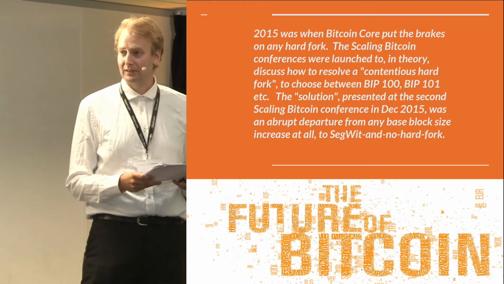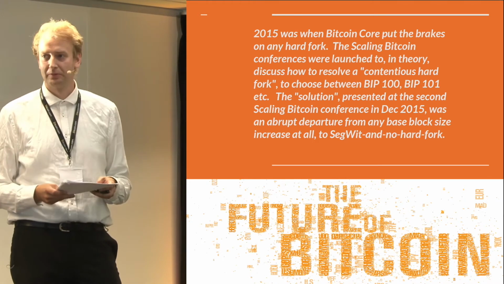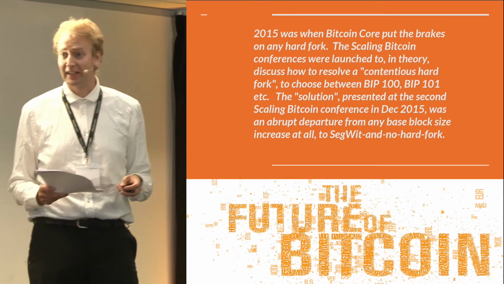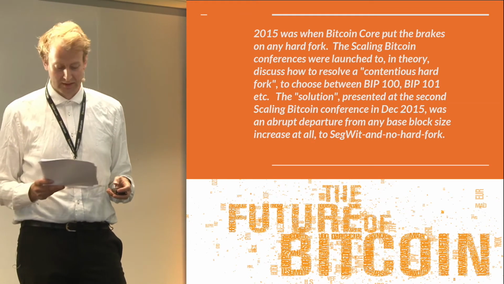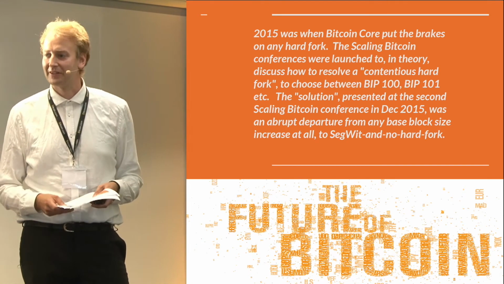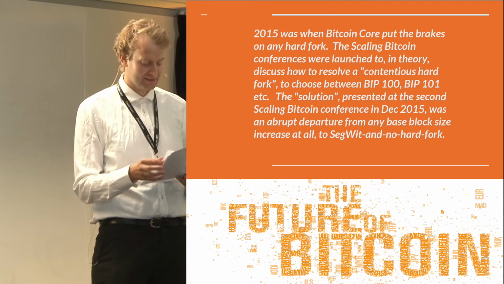It was SegWit and no hard fork at all. So we had these two scaling conferences, and we didn't really get any scaling. We got distracted, and BIP100 never got implemented. So let's not stay distracted. Let's try again.